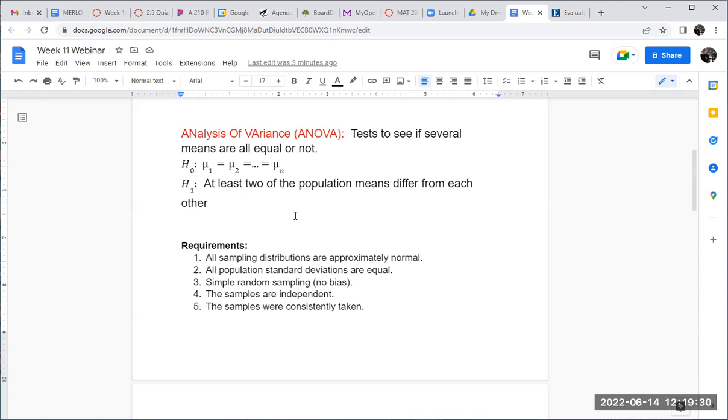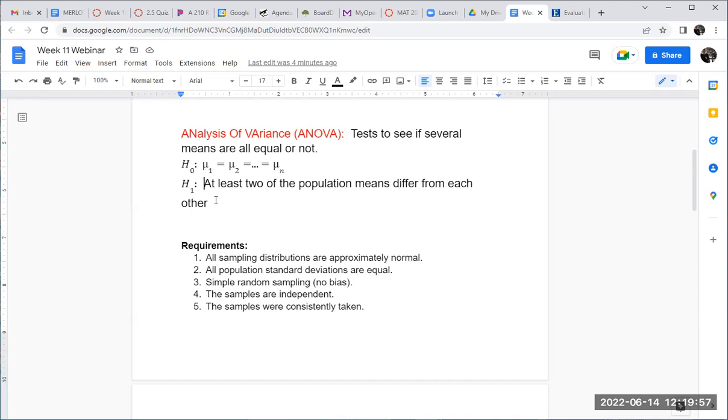So in that case, not all the means are the same, but they're not all different. But what we can say is that they're not all the same. And I think the easiest way of doing that is to use some words instead of symbols. And that is at least 2 of the population's means differ from each other.